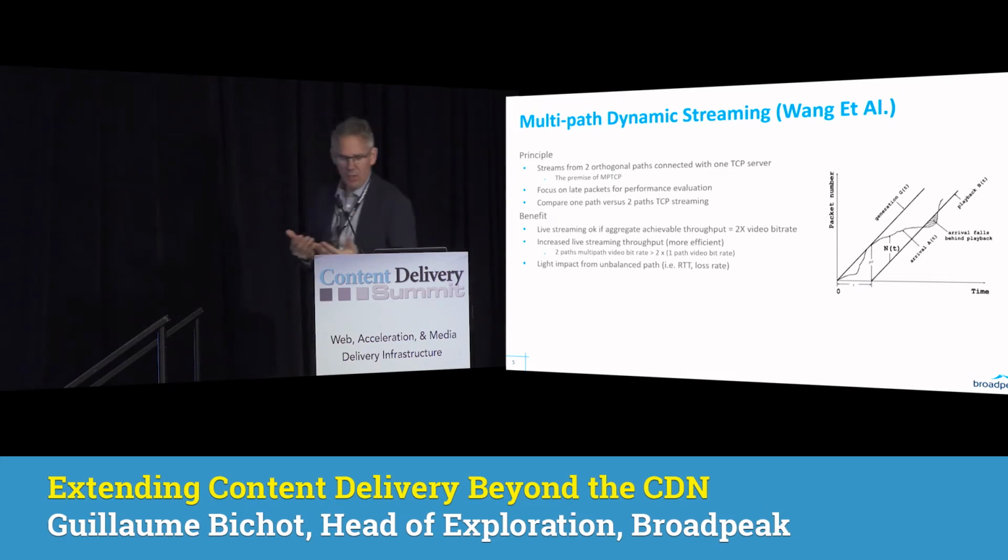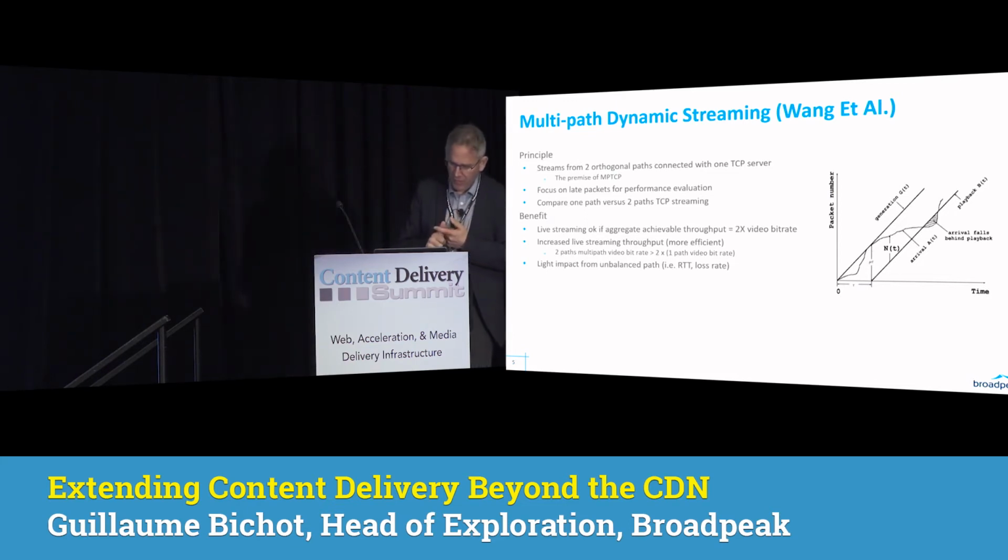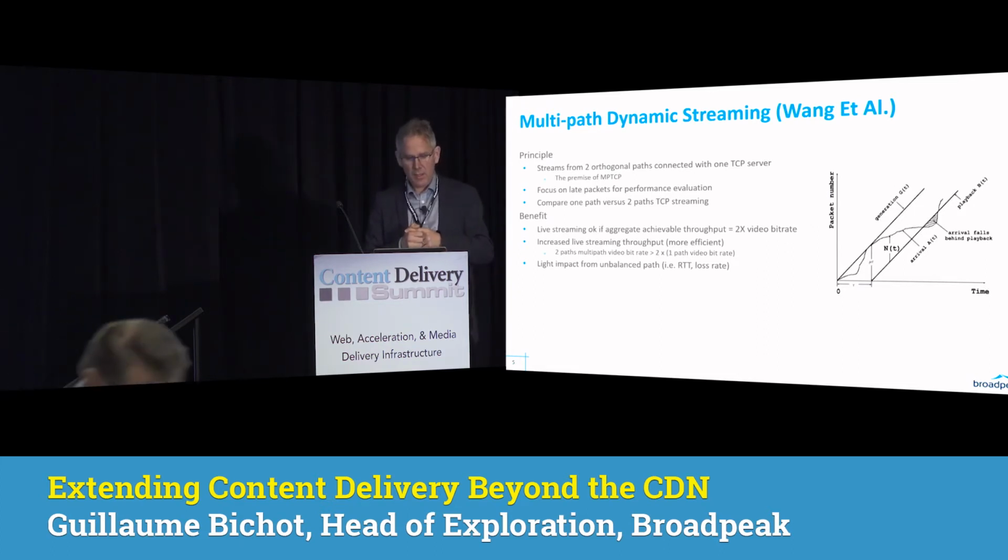First, for live streaming, you need an aggregate achievable throughput at least equal to 2 times the video bitrate. Using multipath, you can increase the live streaming throughput.